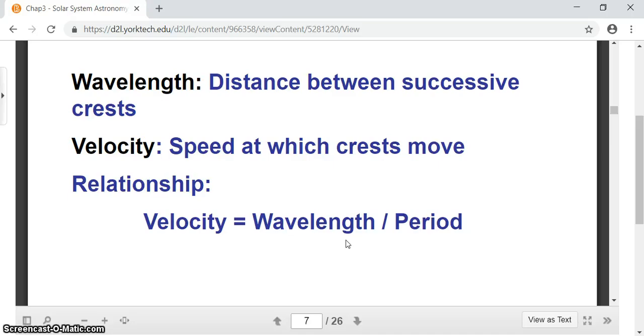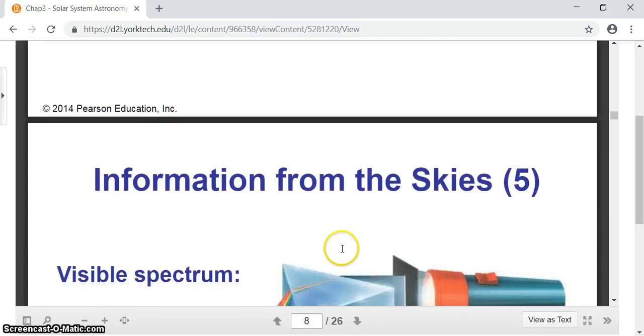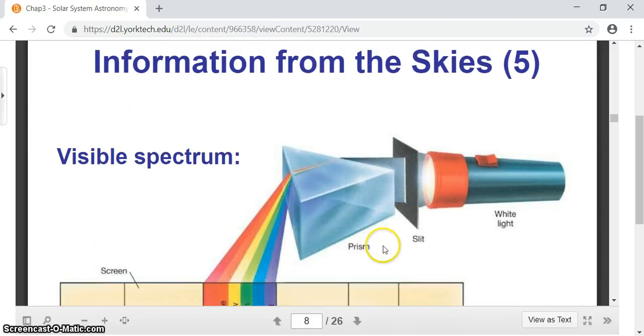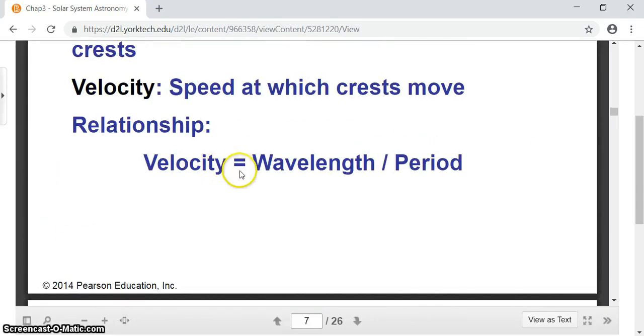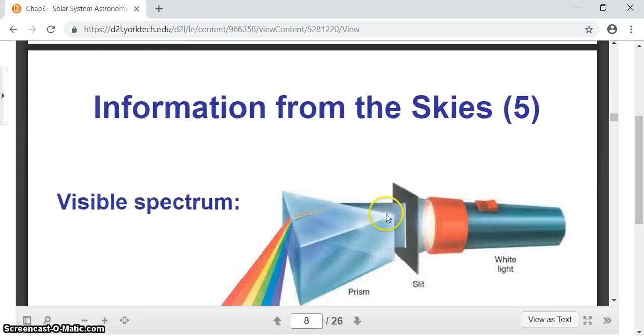That's a lot of times how we talk about how the velocity is related to the frequency and the wavelength.